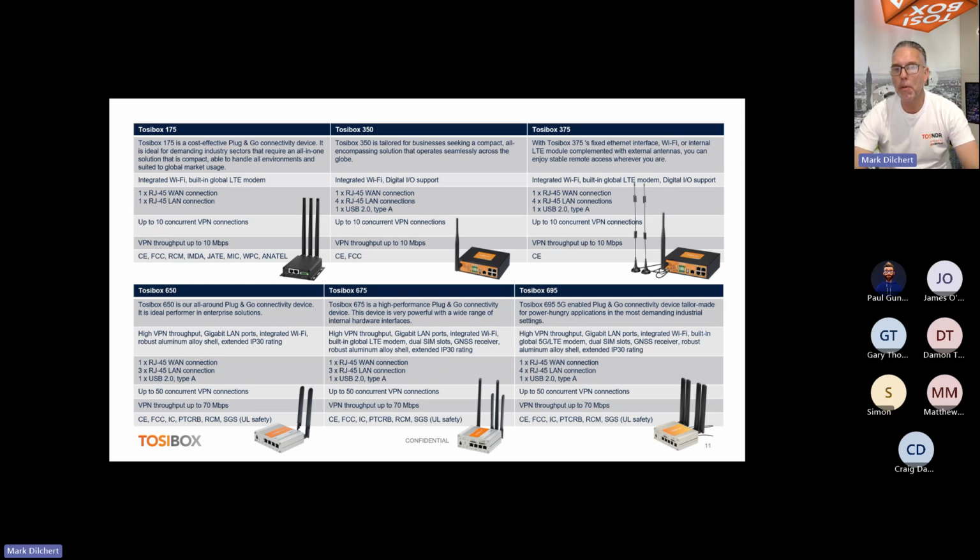And then that range tops out at our 695, which is our 5G unit. So for anyone looking to get into the 5G market and future-proof that already, we have a device to suit your application there. So that gives you a little bit of insight there. There is also a software version of this called the LFC, which is a Dockerized solution.